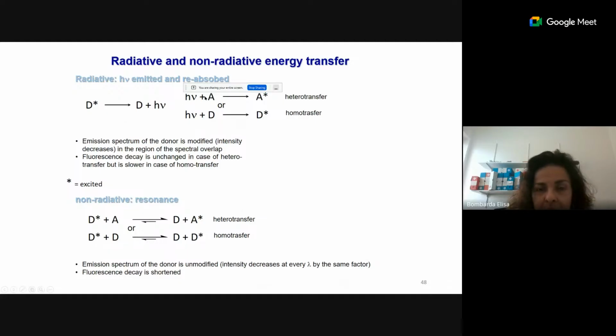And this photon is absorbed by an acceptor, which gets excited itself, or, sometimes, if there is an overlapping of the spectra, by the donor. And in this case, it will be homotransfer, because it's transferred to the same molecule.